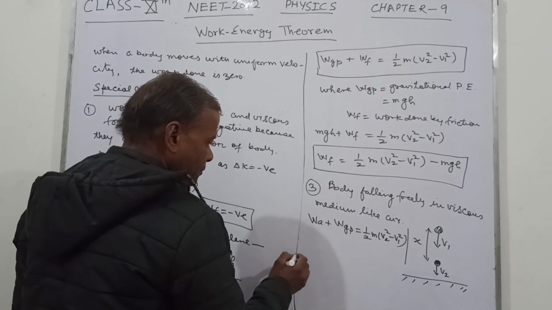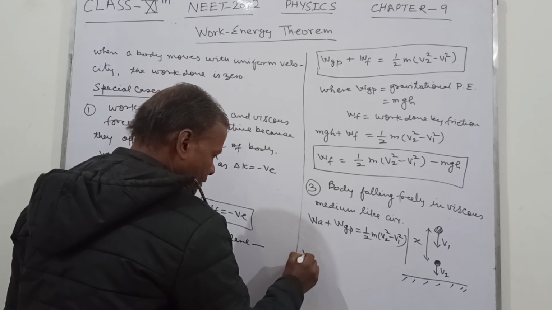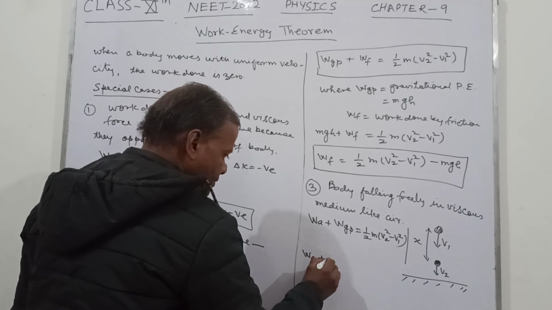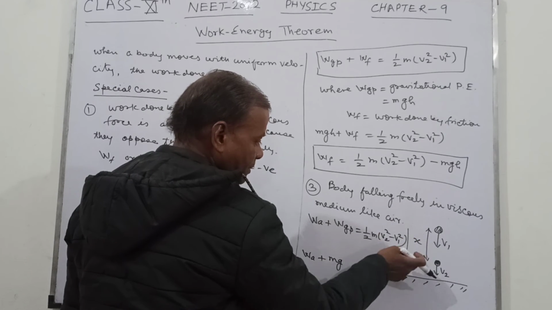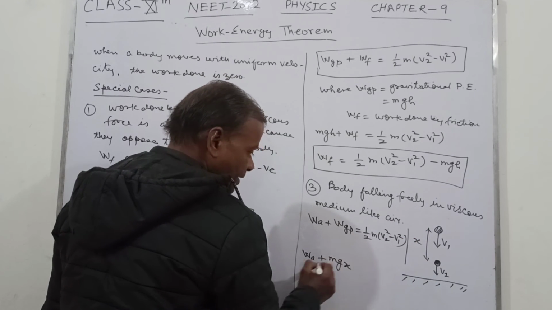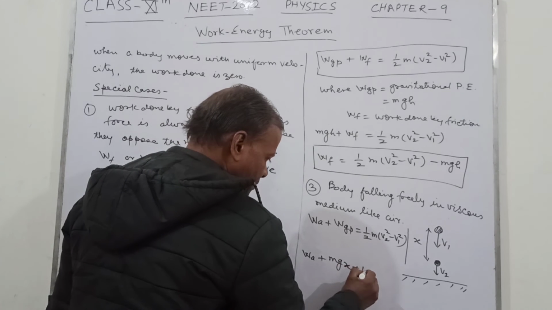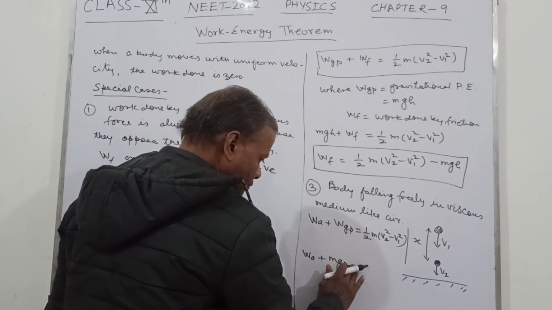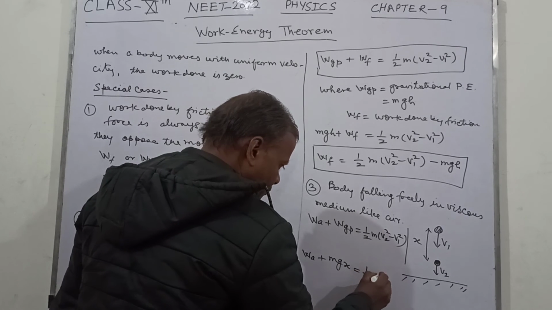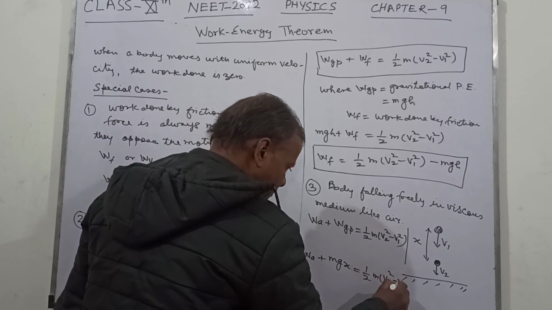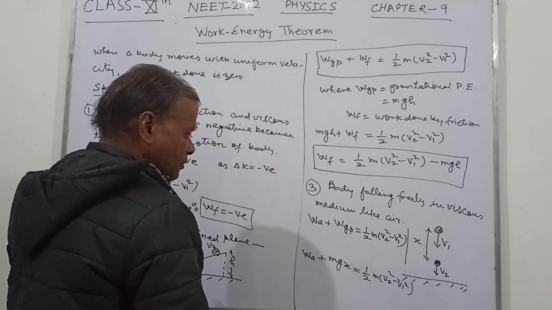So WA plus mgx, since the height is x, is equal to half m (v2 square minus v1 square).